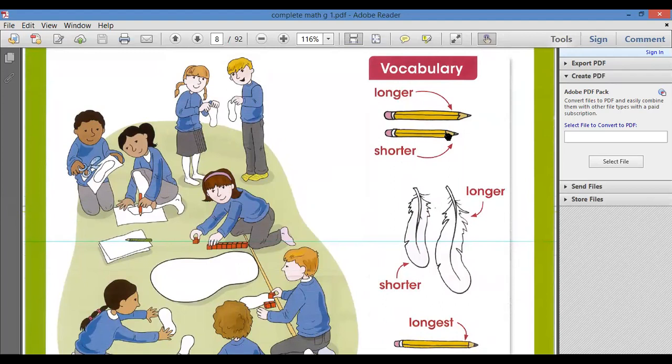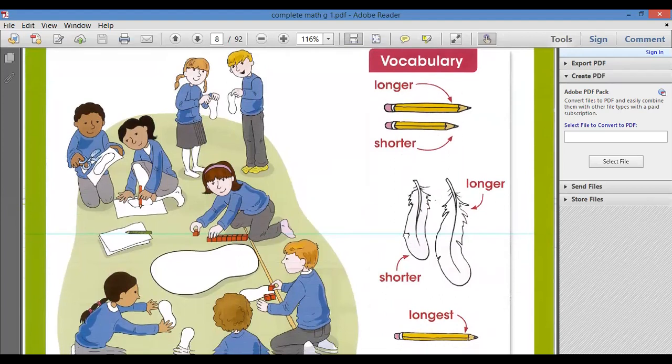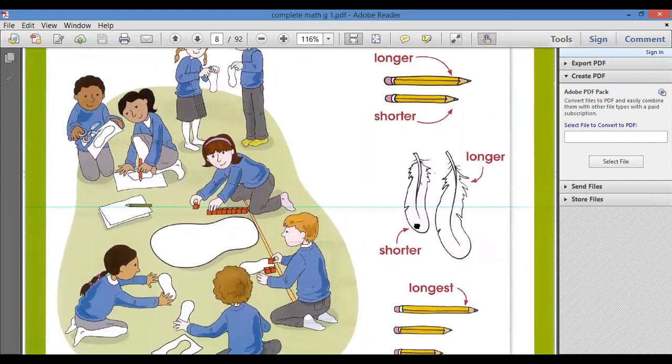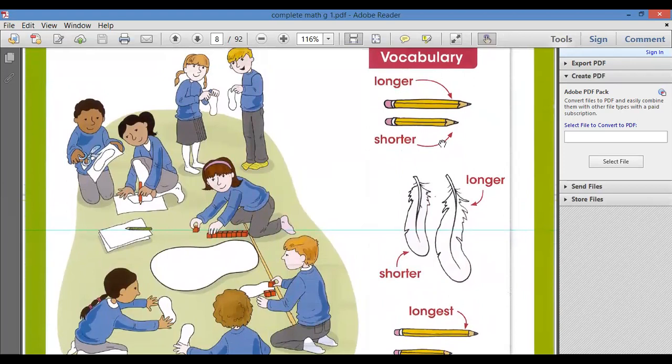In this lesson, we are going to compare two things. Here are two pencils in our vocabulary words. Longer, shorter. We have to understand two words, longer and shorter.